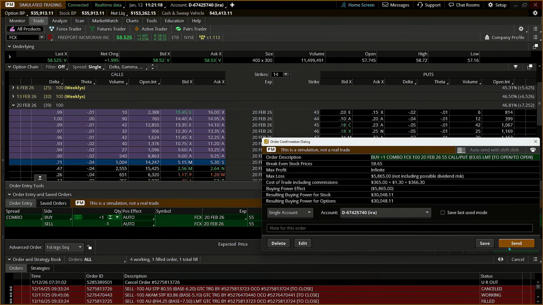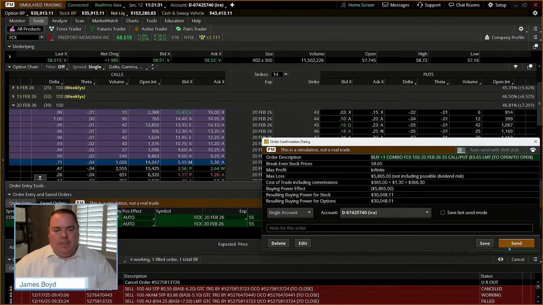Now, if we did the exact same strikes, now this is a pop quiz. If the stock goes up $1, how much should this position be up if it went up $1 from now? How much should it be up? Well, it should be up, in this case, $100. If the delta was 100 and the stock goes up $1, it should be $100. What if the stock tomorrow goes down $1.47?